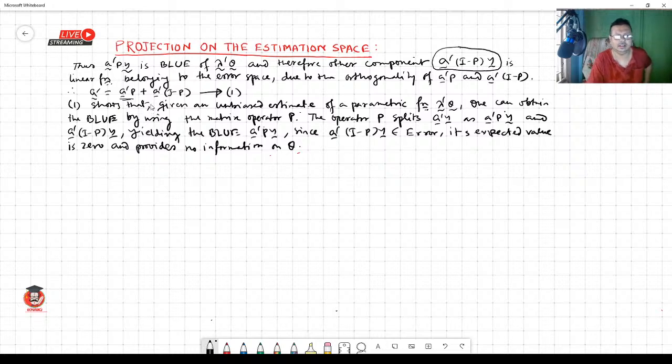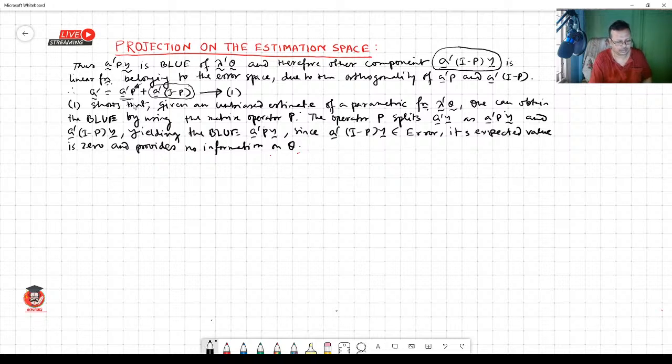We see that A'Py is an unbiased estimator of λ'θ, and A'(I−P)y is an error function, that means it is an estimator of 0, hence it does not contain any information about θ. Therefore the information on θ is contained only in this portion. So this portion gives the best linear unbiased estimator of θ.